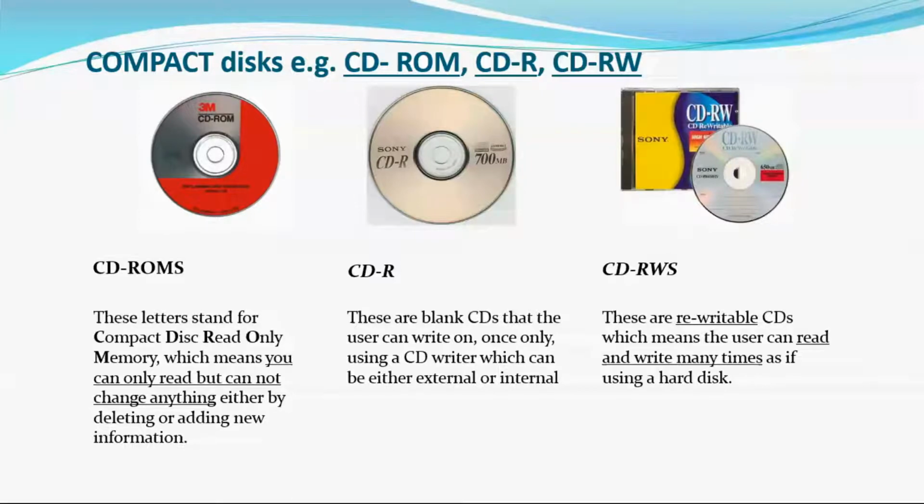The letters in CD-ROM stand for compact disc read-only memory, which means you can only read information, but you cannot change anything, either by deleting or by adding new information. So when the information is put there, you cannot change it. That is read-only memory. Your work is only to read, to feed off.